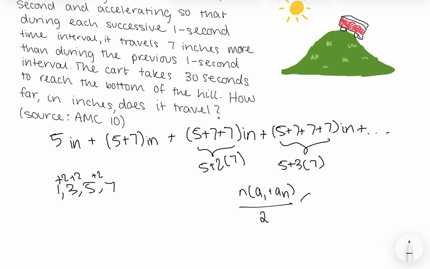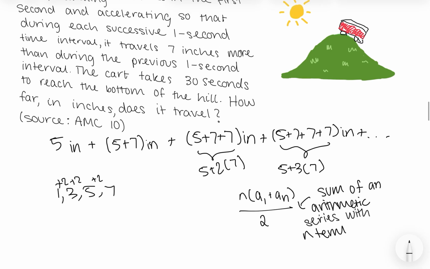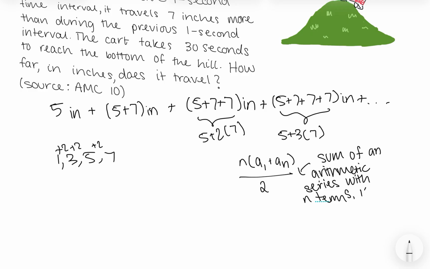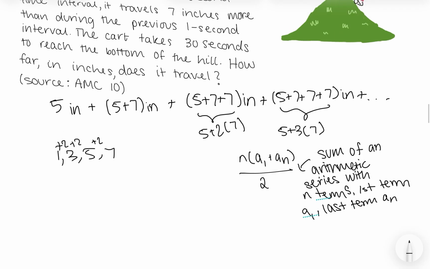That's for finding the sum of an arithmetic series with n terms, first term a sub 1 and last term a sub n. So we're just going to use this formula.